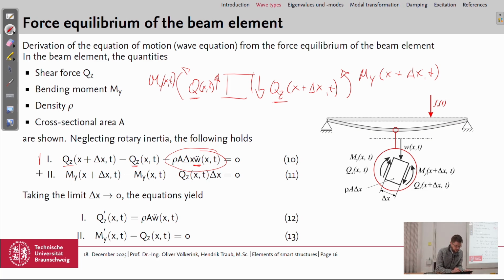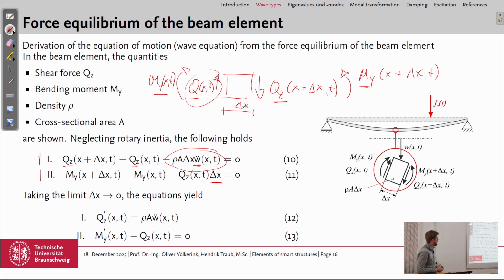And then we have a second equilibrium on the moments: the moment on this side should equal the moment on this side plus the shear force on this side with the lever delta x, which is the length of the particle.